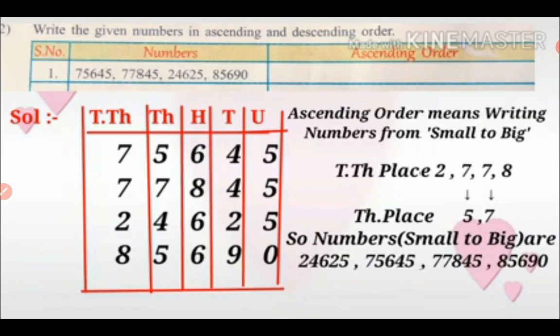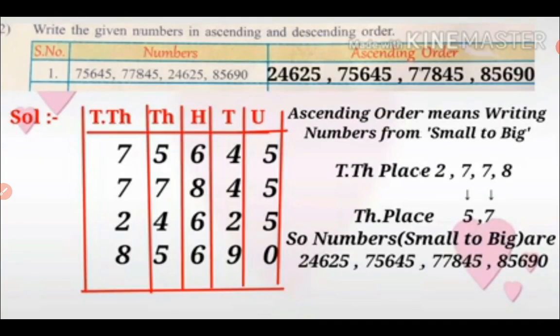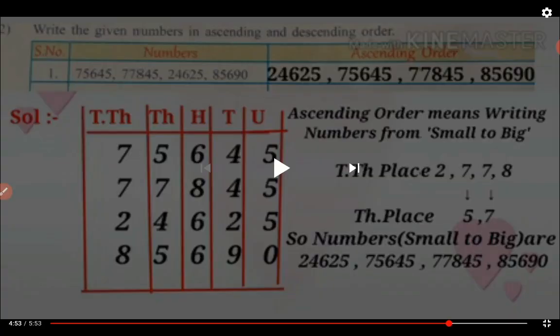Now next they have asked you to arrange the numbers in descending order as well. You need to write this in this particular block of your textbook. Now let's move on to arranging the numbers in descending order.